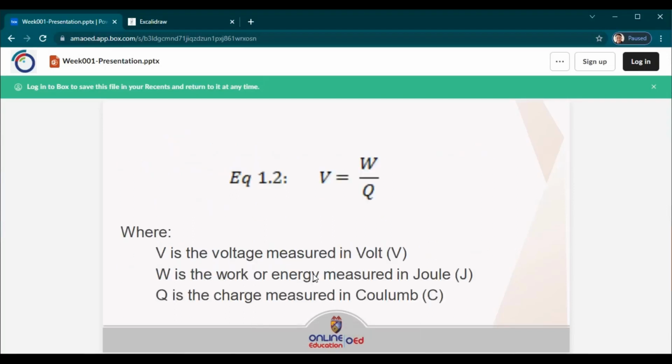That is the other name for voltage. So the formula for voltage is V is equal to W over Q, where V is the voltage measured in volts, W is work or energy measured in joules, and Q is the charge measured in coulombs.